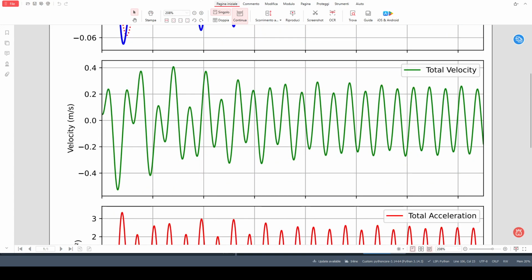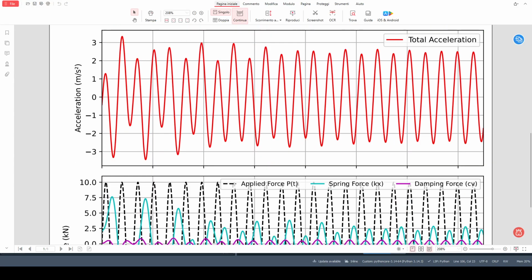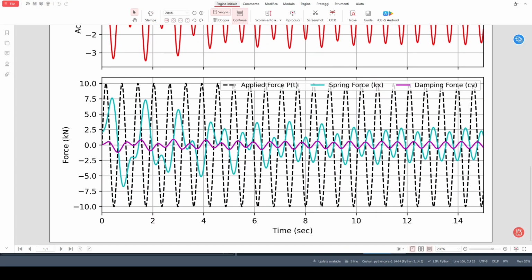After that we plot the velocity, the acceleration, and also the force, with the applied force P(t) in black, sinusoidal and constant, the spring force in cyan, and the damping force in magenta.